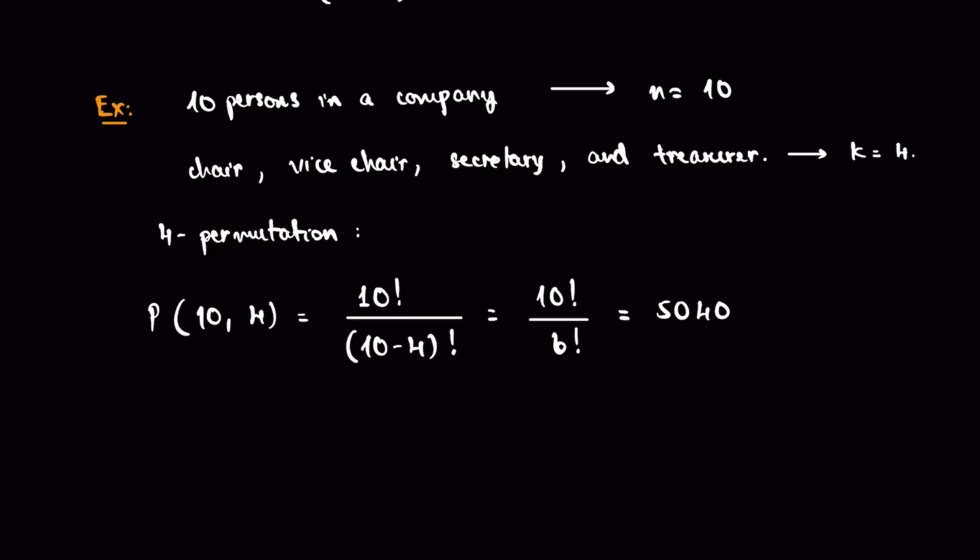Or in a company, when you want to choose a job title, a position, a rank, the order really matters, right? So in a company, you need to have, let's say, a president, a vice president, a treasurer, and any other positions with ranking. And in those situations, again, permutations will be used to do the calculations.